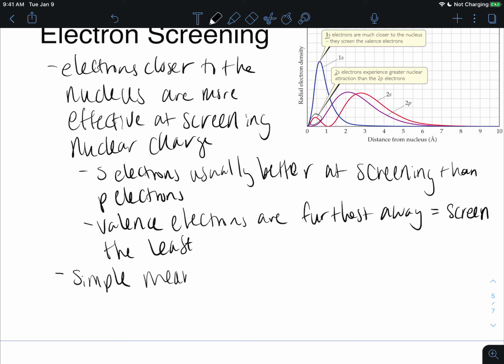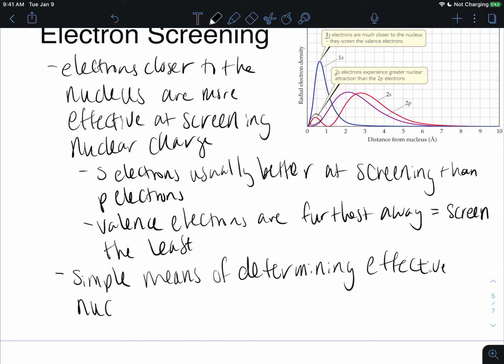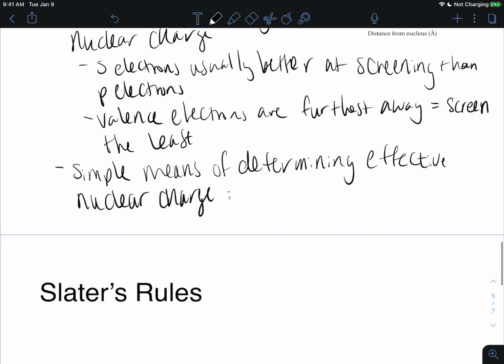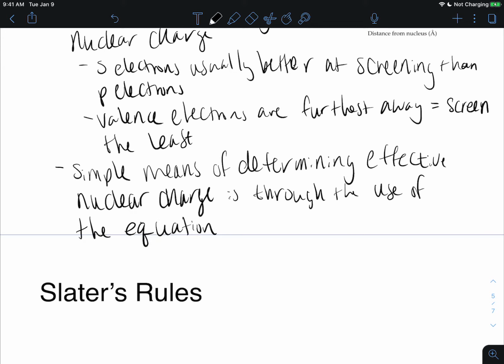So our simple means of determining effective nuclear charge is through the use of the equation Z effective is equal to Z minus S. This is our effective nuclear charge.